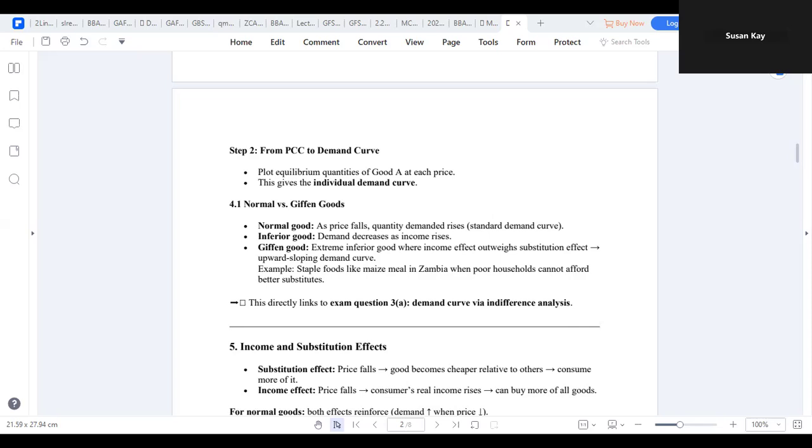Then we also have what are called inferior goods. Inferior goods are goods for which demand decreases as income increases. It's opposite with normal goods. So the relationship still follows the law of demand, which is downsloping, but income changes in reverse behavior. For instance, cheap bread, second-hand clothes, local beer to premium beer.